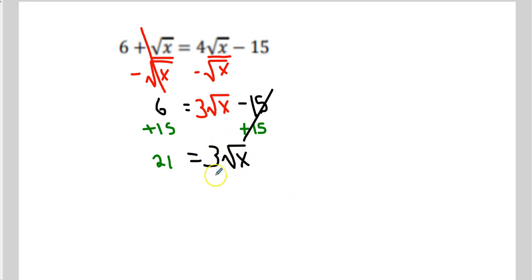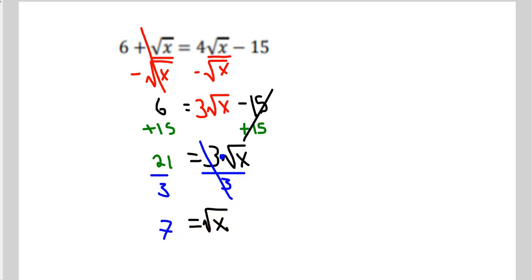Okay. I want to get the square root of x by itself, so I need to get rid of this 3. Currently they're multiplying, so I'm going to divide both sides by 3. 3 divided by 3 cancels out. 21 divided by 3 gives us 7. So we have 7 is equal to square root of x.